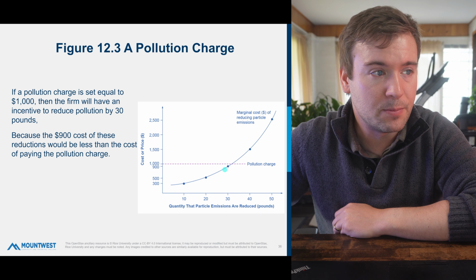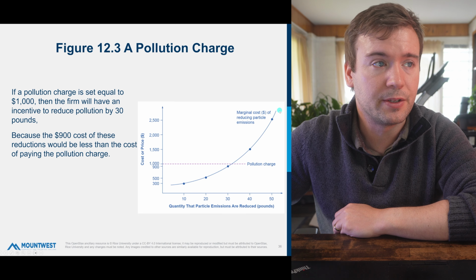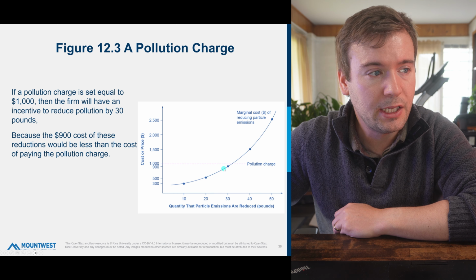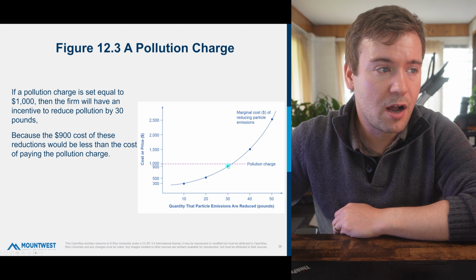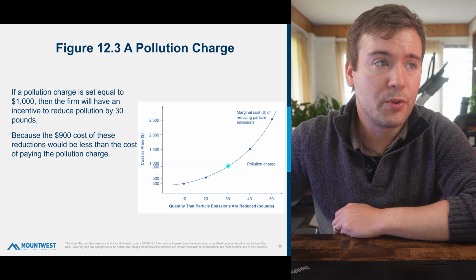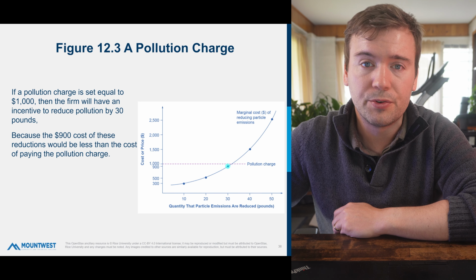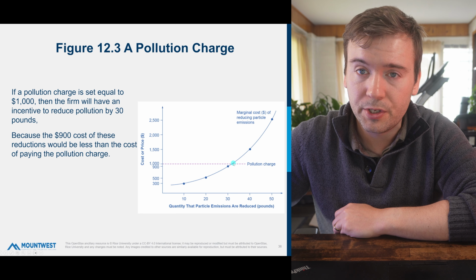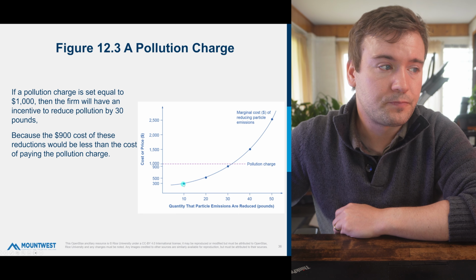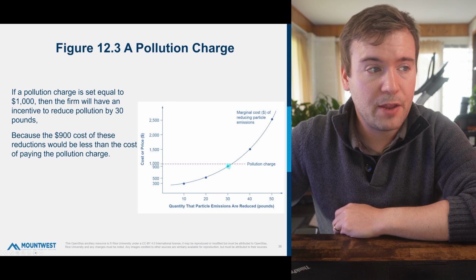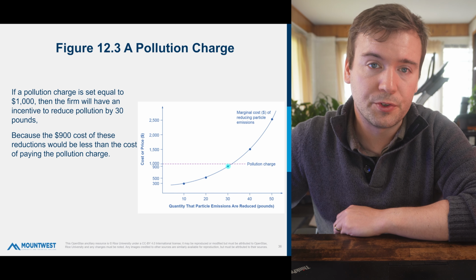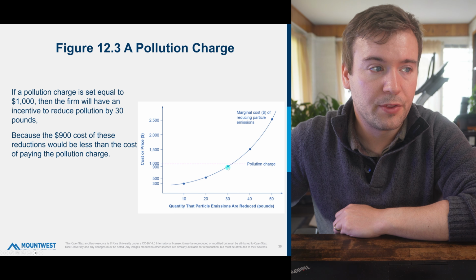This, as you can see, is the marginal cost of reducing the particle emissions. And so up until about 10, 20, 30 pounds, that cost is increasing. And so I'd either have to pay $1,000 per unit, or I could not pay that and reduce my pollution, and it costs me less to reduce my pollution up to the 30 pounds mark.